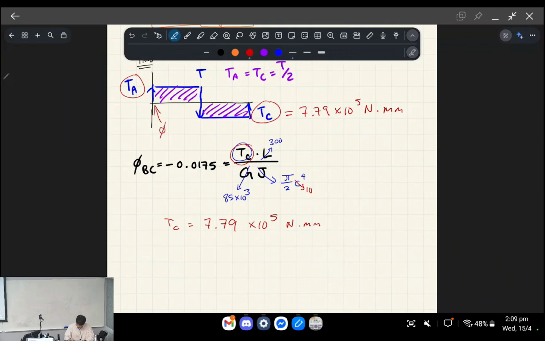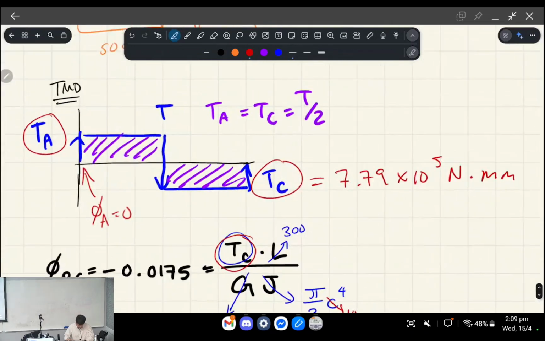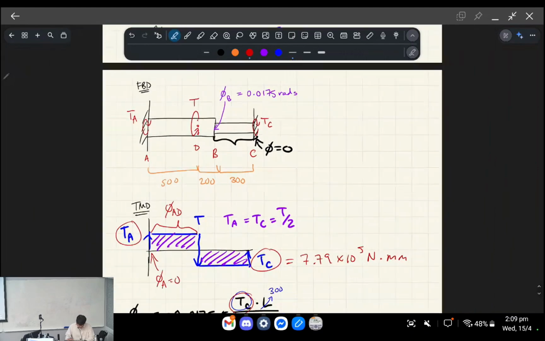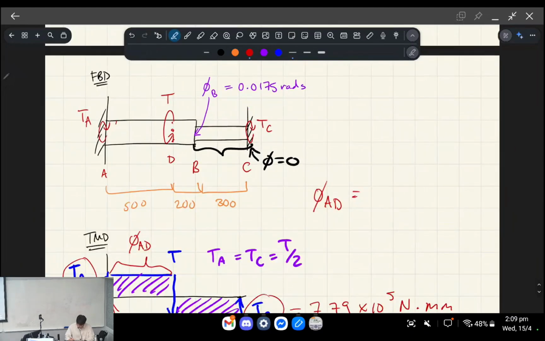The twist is 0, and we want to go to D. So we want to find the twist from A to D. For the twist from A to D, we only have to consider this portion of the bar.